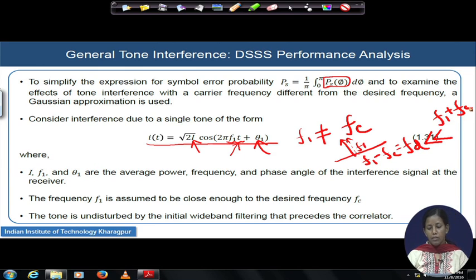The center frequency of transmission of the jamming signal is given by f1 here, and the assumption is that the estimation of the transmission signal was not done correctly by the jammer, and because of these estimation errors he is transmitting at the frequency f1.